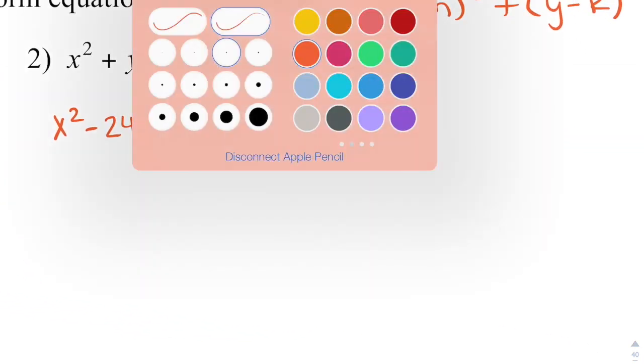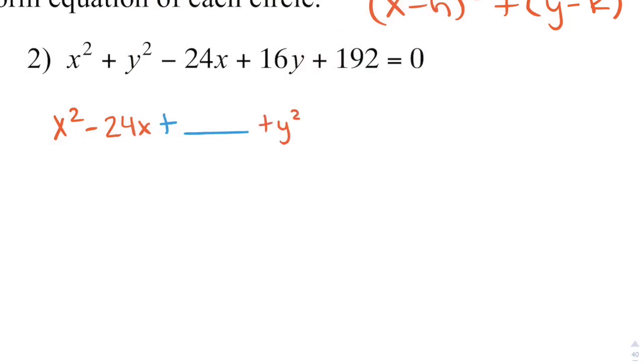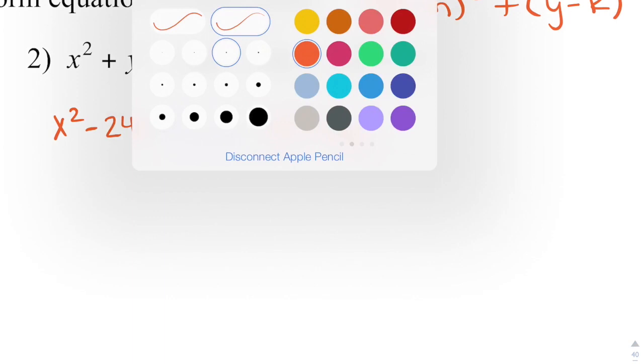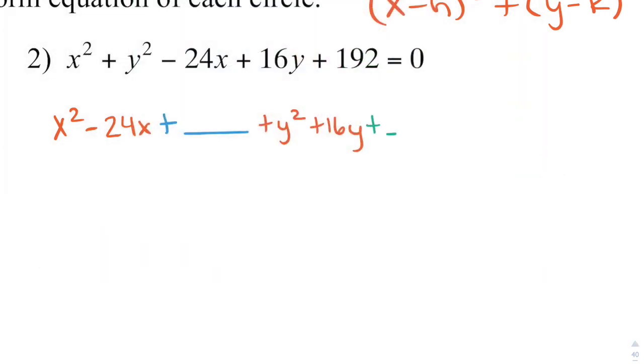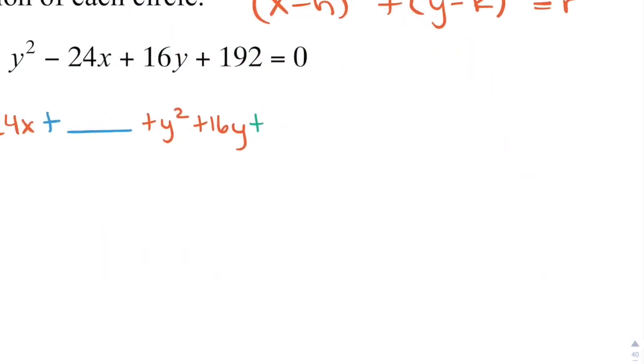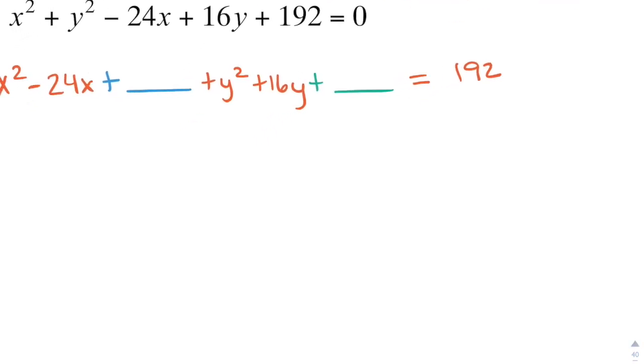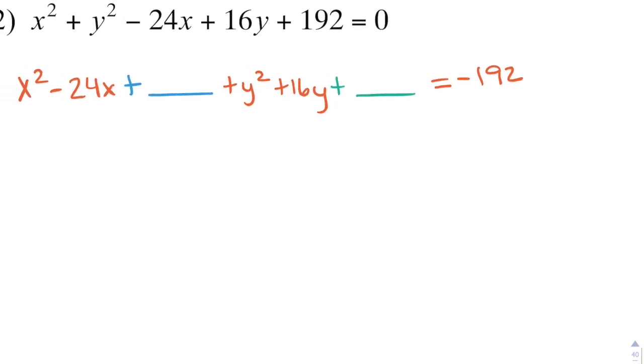And then I'm going to do plus y squared plus 16y plus blank. Equals 192. Sorry, negative 192 because I moved it to the other side.